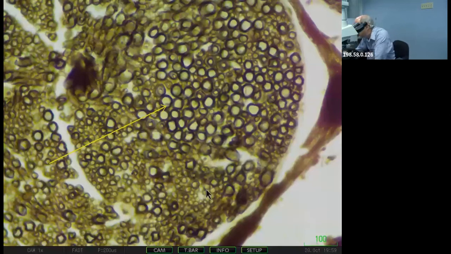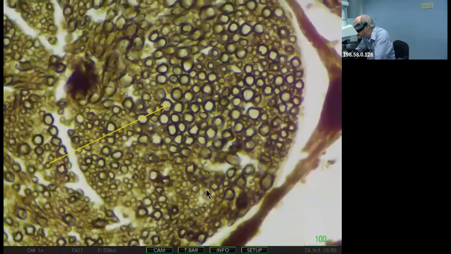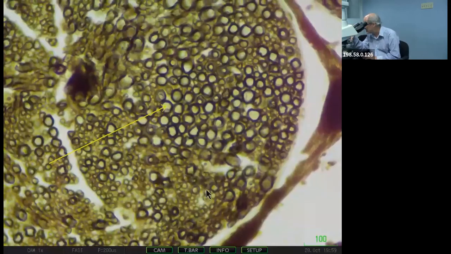And the space which is devoid of any staining will correspond to the axon. So you have the axon without any staining, and around the axon you will have the myelin sheath, which is stained in brown by this osmium tetroxide staining, which is staining the lipids. It works for both light microscopy, like here, but also in electron microscopy.